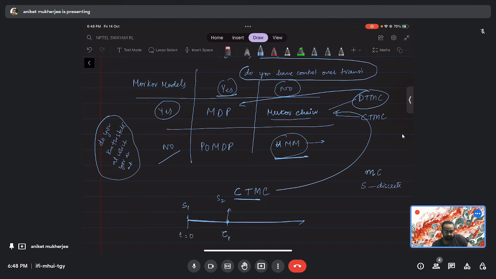This jump depends on the underlying DTMC, because a CTMC also has an underlying DTMC: there is a probability of S prime given S. So basically, on this probability, it will make a jump transition to some new state at tau 1. But this tau 1 is random. This tau 1 is basically exponentially distributed.